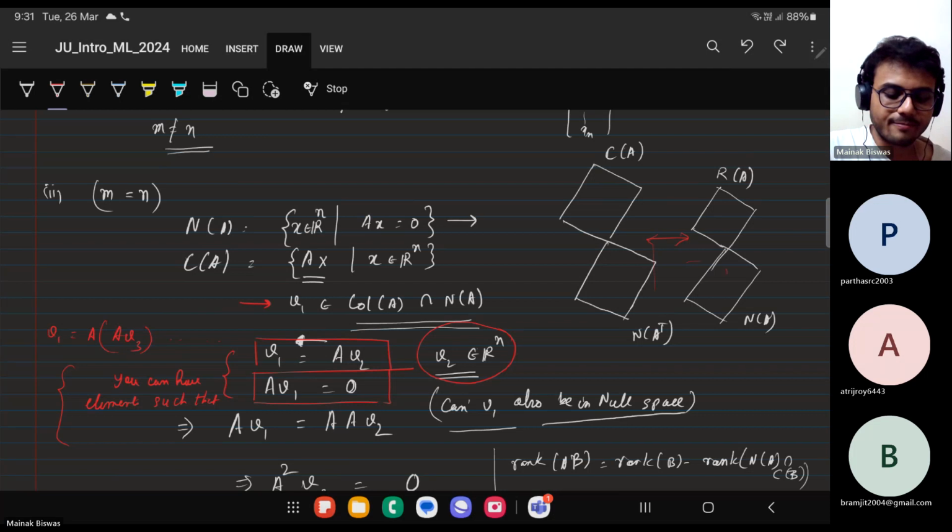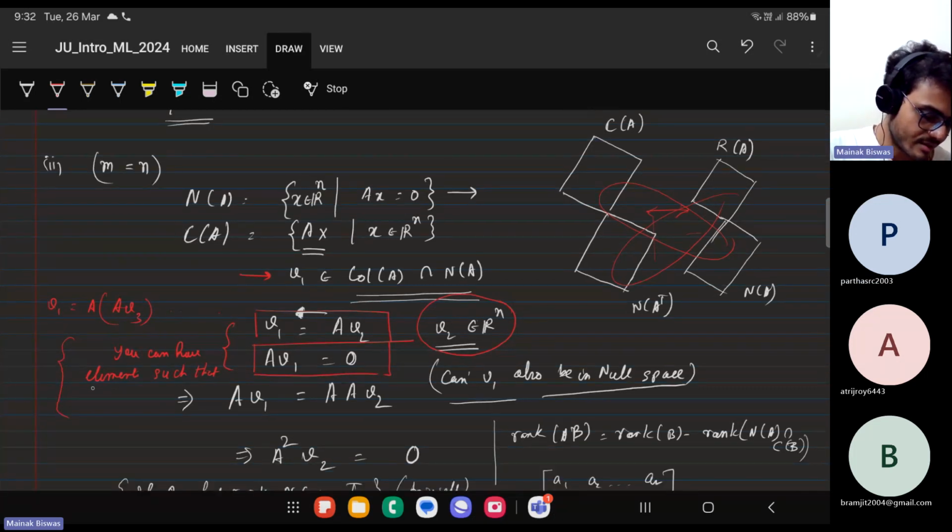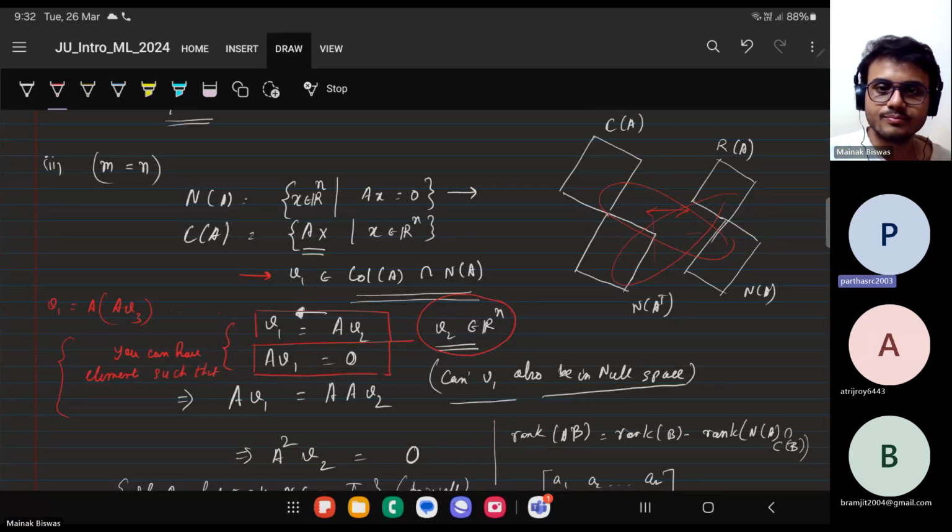They can be non-trivially linked to one another, right? So you can have elements, say V1, in the column space itself and the null space. You cannot have elements in the null space like V3. It can never be in the null space, because then if you multiply, it gets 0. But you can also have elements in the column space.